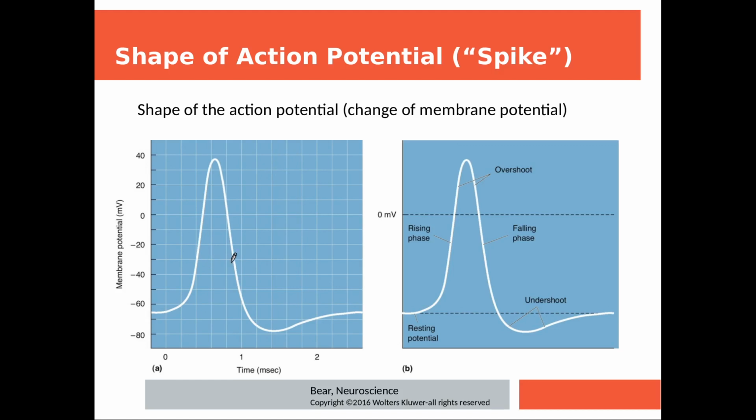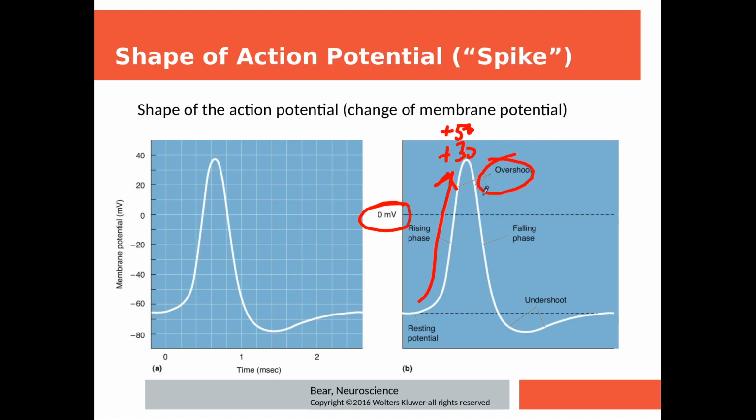So basically, action potentials have a characteristic, prototypical, stereotypical shape with different phases. First you have the resting potential of a cell. It's not part of the action potential. Then you have what's called the rising phase, when the membrane potential is increasing. Then usually it goes quite a bit above 0 millivolts, so it actually gets positive inside the cell, up to maybe plus 30 or plus 50, depending on the cell and the concentrations.